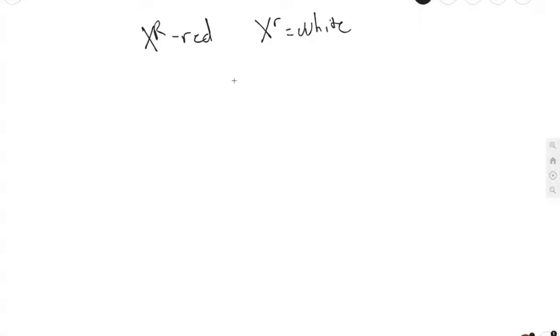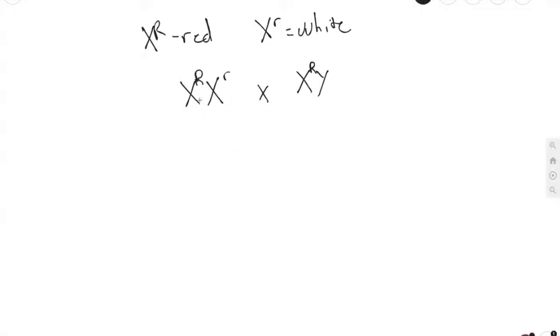Morgan took red-eyed females, so they would be X X, that's female, and they were hybrid, so big R, little r, meaning they're heterozygous, and he crossed them with red-eyed males. Males only have one X chromosome, and this male has red eyes, so I'm going to give it a big R. I don't write an R on the Y chromosome. This is a different chromosome, and it doesn't have the trait for eye color on it. So the males can actually only inherit one gene for eye color.